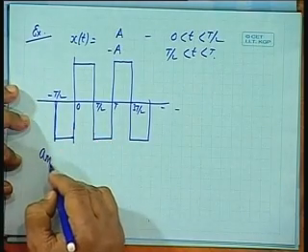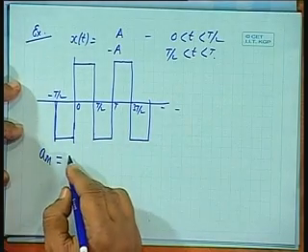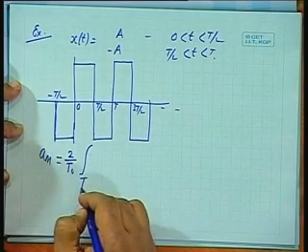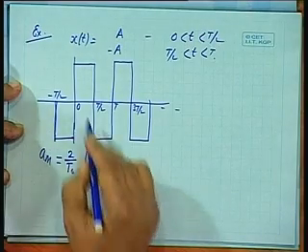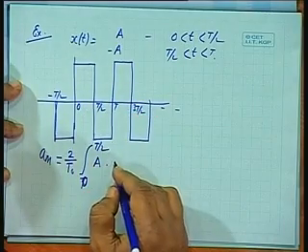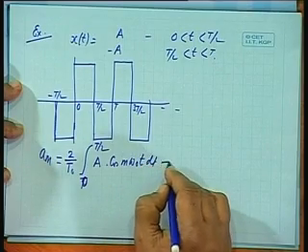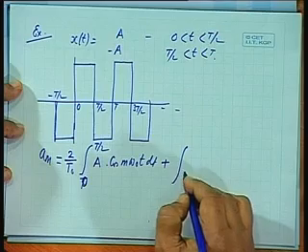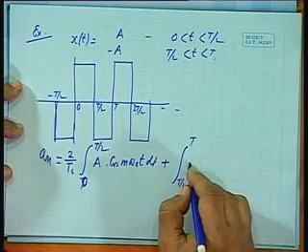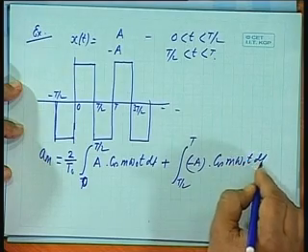What will be the Fourier coefficients for such a function? Am will be 2 by T0, integral from 0 to T/2 of A, this magnitude is A, into cosine m omega naught t dt, plus the integral from T/2 to T, where this becomes minus A, cosine m omega naught t dt.